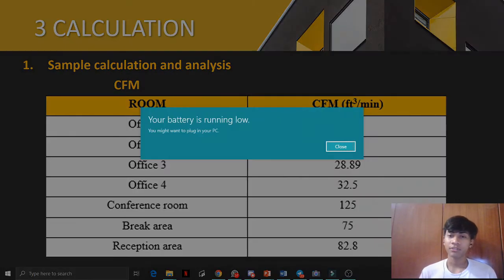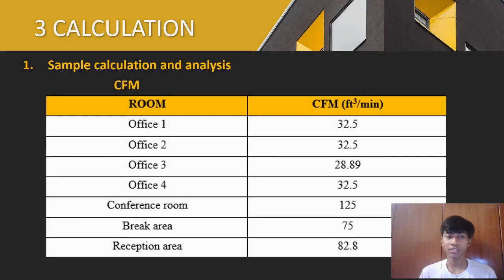After I make a methodology, I continue with the calculation. Okay, the first one for the calculation is a sample calculation of analysis of CFM. As you can see from the table given in the slide, this is the value of CFM for each room.